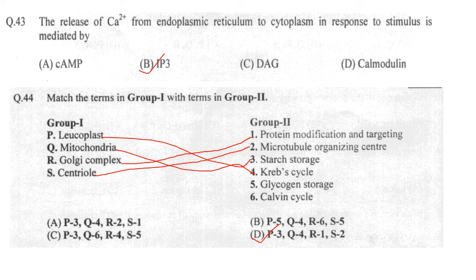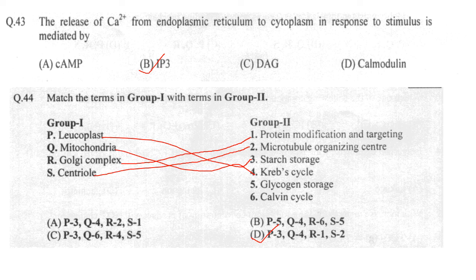Option B. Next, coming to the organelles and their functions. Okay, group 1 and group 2. Leucoplast. Leucoplast must be starch storage. It is found in plants. Okay, P3. So for P3 you have A and C as well as D. So B can be eliminated.